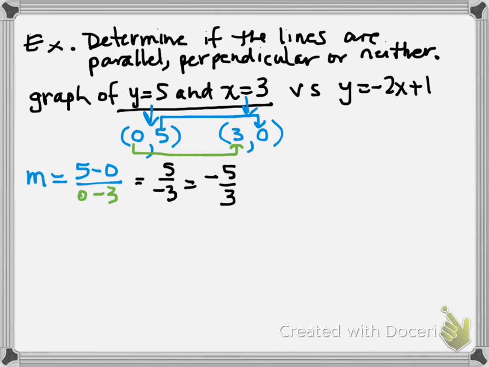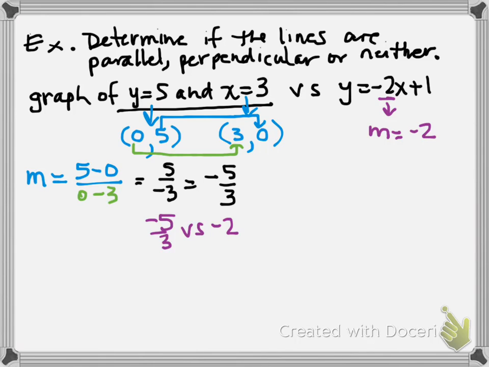So let's go back to the second equation and let's look for its slope. What's the slope of y equals negative 2x plus 1? We get a slope of negative 2. So now we're going to look at negative 5/3 versus negative 2. Are they the same? No, so that means not parallel. Are they opposite reciprocals? No. So what that says is they're not perpendicular.